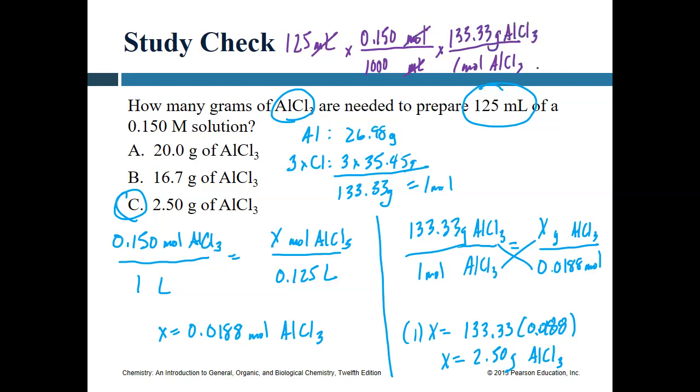The moles would cancel. I'd be left with the grams of aluminum chloride. If I did this calculation, multiply by all of the tops, divide by all of the bottoms, 125 times 0.15 times 133.33 divided by 1,000 divided by 1, I get the same 2.50 grams.